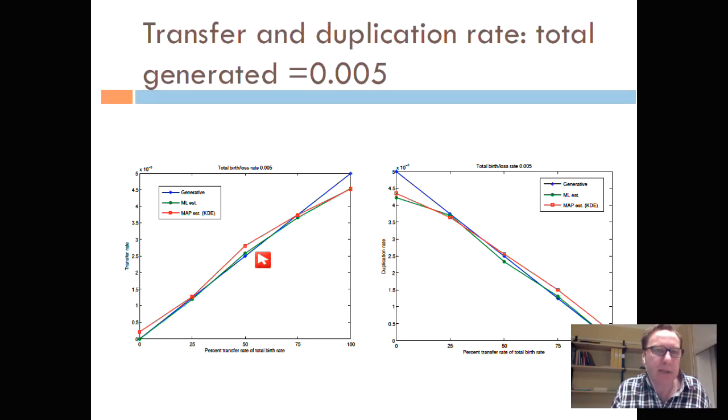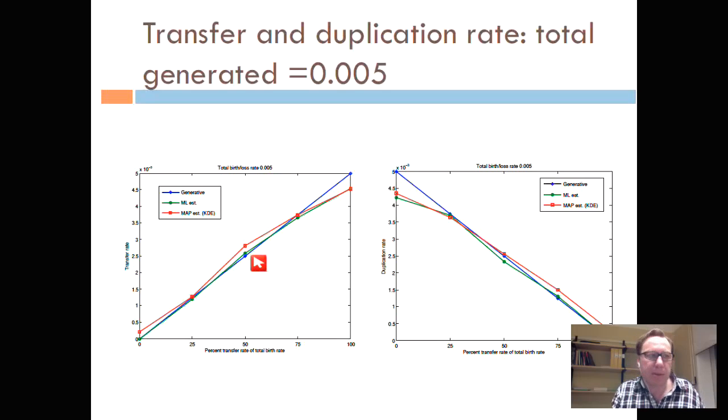It's also given the total length of the gene tree, included losses before we prune it. So the ML is based on data that you don't get in practice, and it's just included because it's sort of a more reasonable thing to compete with than the actual rates used in the generation.